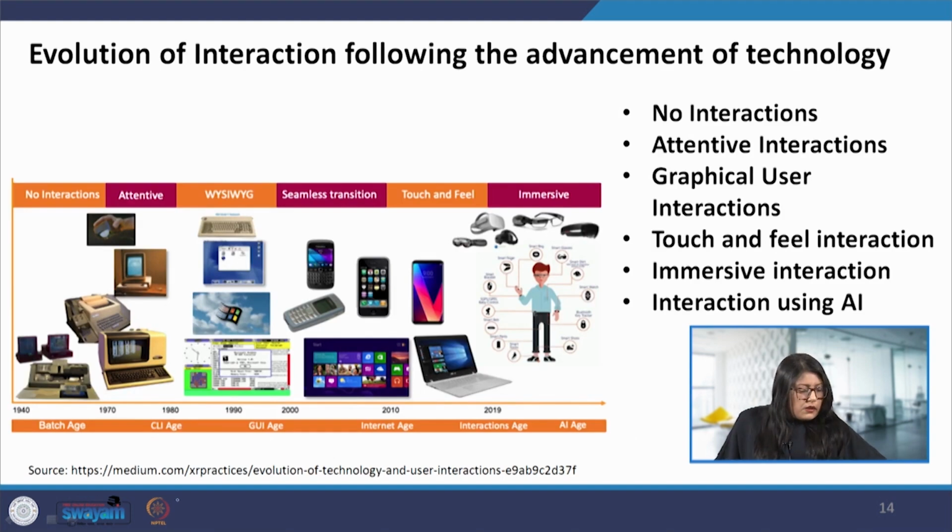So if we see the evolution of interaction design, of course technology has made a big contribution, because of which now we have so many interactive products. But we can see that initially we had a batch age.